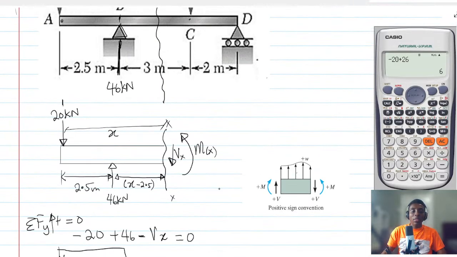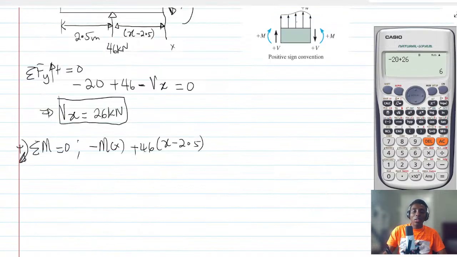And then 20 multiplied by X, but then it's going counterclockwise, so minus 20X, should be 0.